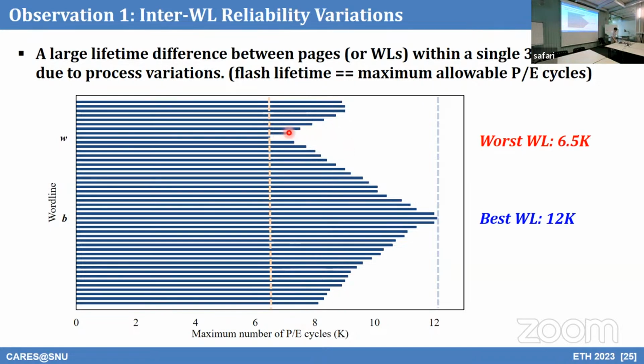But the worst in this case is somewhere in the top edges. And this one only experiences up to 6.5K program erase cycles, and then it cannot reliably store data anymore. So there is huge variation within a single block, okay?